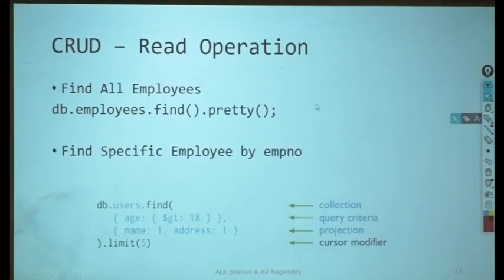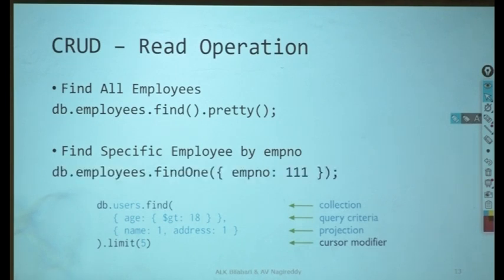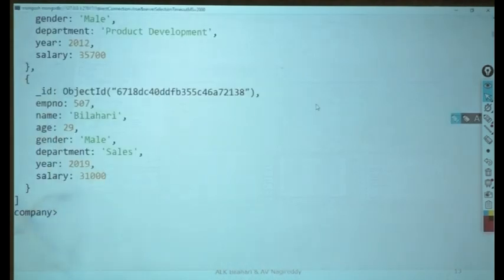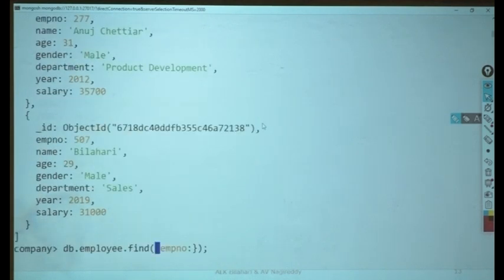For finding a specific employee, this is how you do it. findOne. Finding many, find. If you want to query for one employee, you need findOne, and within that, a condition: employee number colon 277.